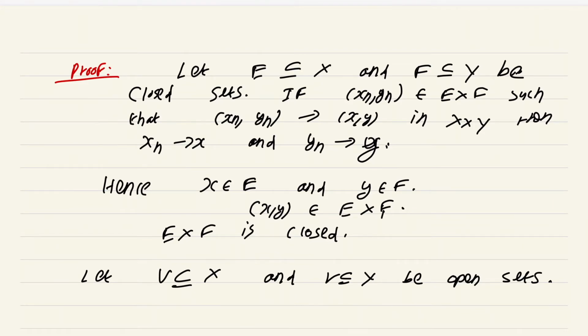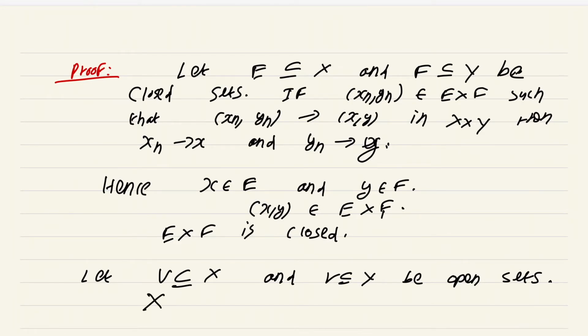Ultimate aim is to show that given any open set, it can be written as a union of sets U cross V. First, let's see that U cross V is open to begin with. Now, the way to do that is, we know that closed sets continue to be closed when you take product. So we are given open sets. So it's natural that we try to consider complements and see what happens. Now, X itself is a closed set.